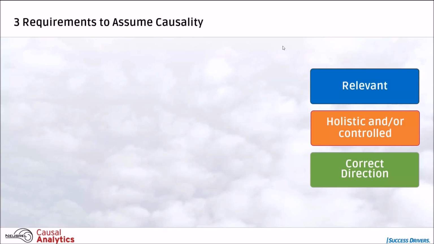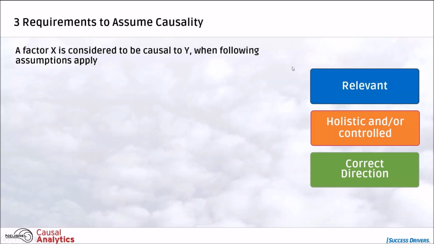an advancement of the basic idea of the Granger causality, which was purely relying on time series data, but you can generalize the idea to the following definition. A factor X is considered to be causal to Y when the following assumptions apply.